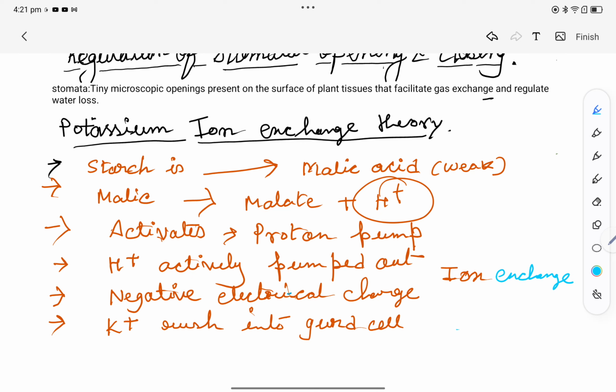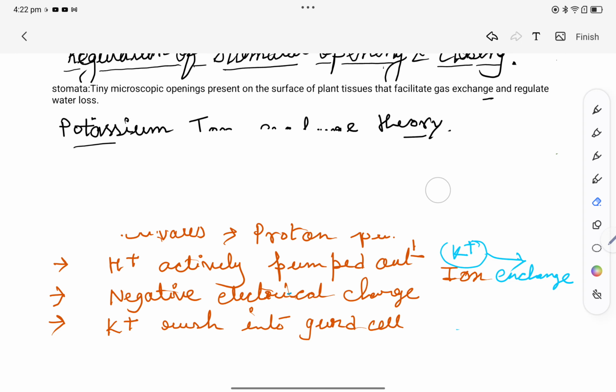It means hydrogen ions are exiting and potassium ions are entering. H plus ions are pumped out from the guard cells and potassium ions along with some Cl ions enter the guard cells.